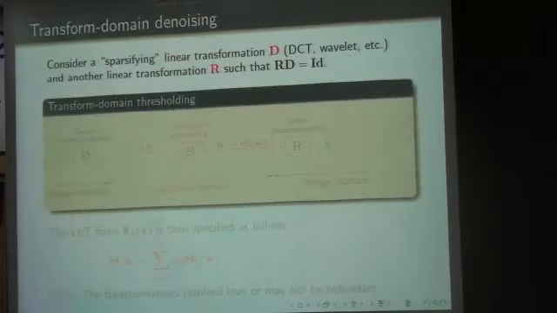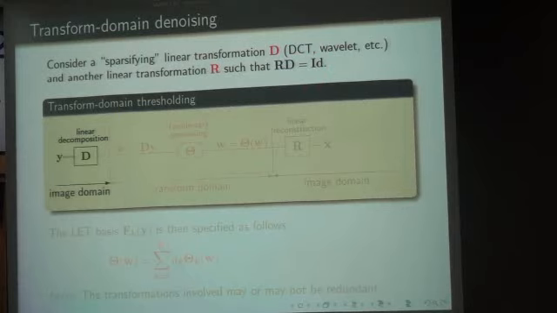Okay, so then the operations are done in a transform domain, as I said. So usually we have a decomposition transformation, so discrete cosine transform, wavelet, etc. And you have a reconstruction linear transform, which is such that reconstruction times decomposition equals identity. And the processing will look like that.